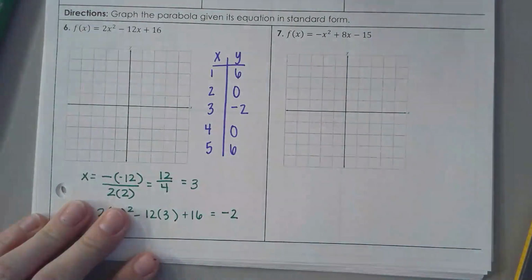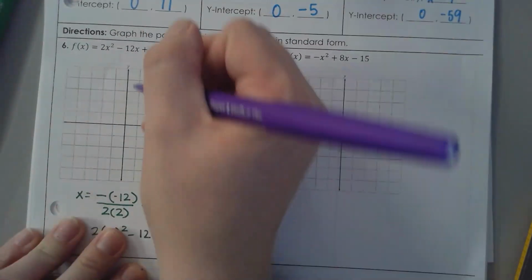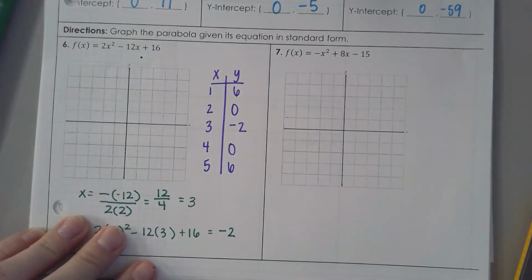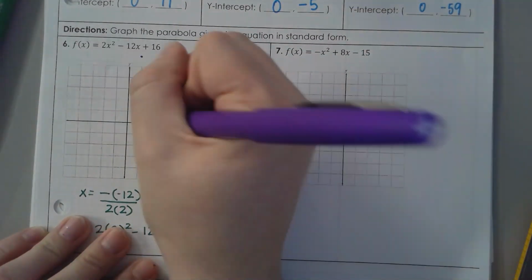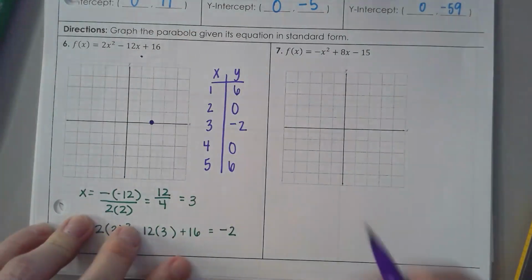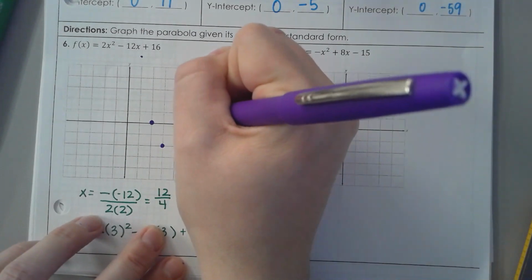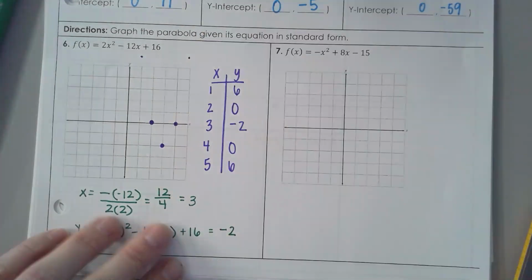Now my graph only goes up to 5, but I'm just going to estimate. That's close enough. 2, 0, 3, negative 2, 4, 0, something like that.